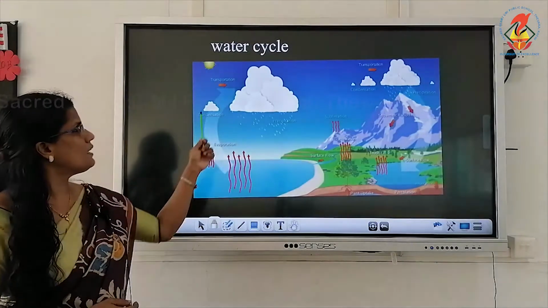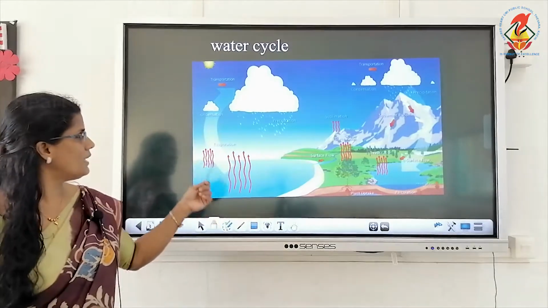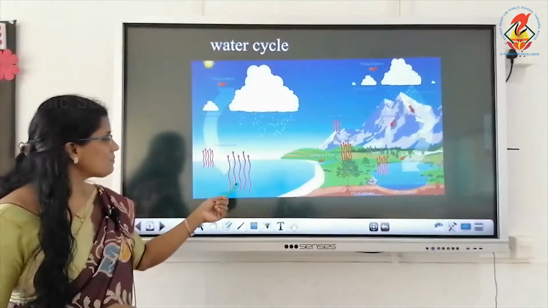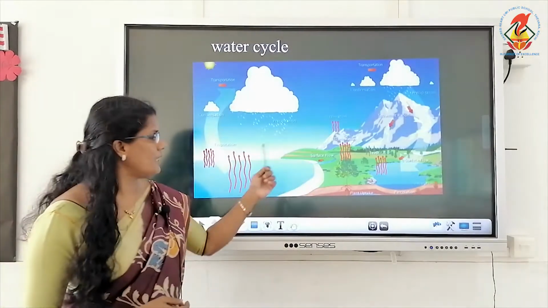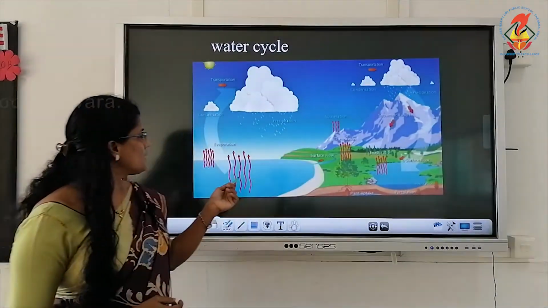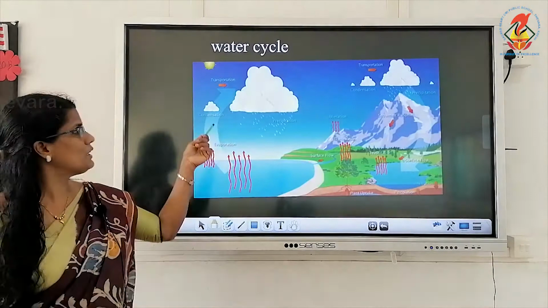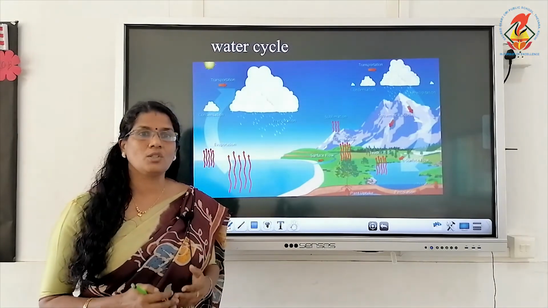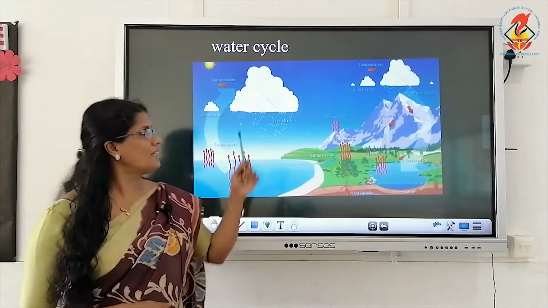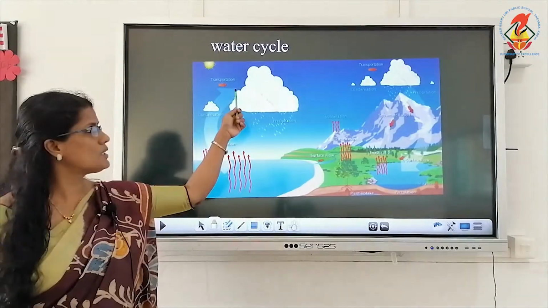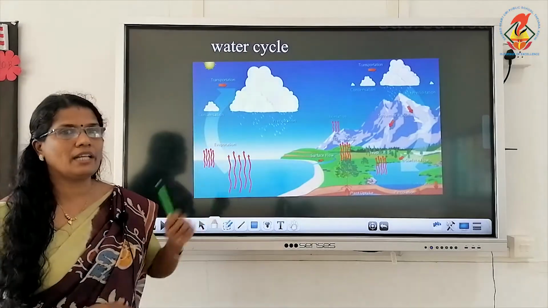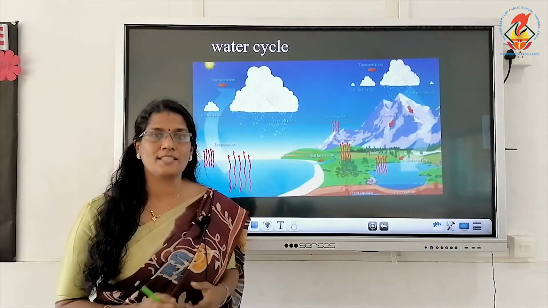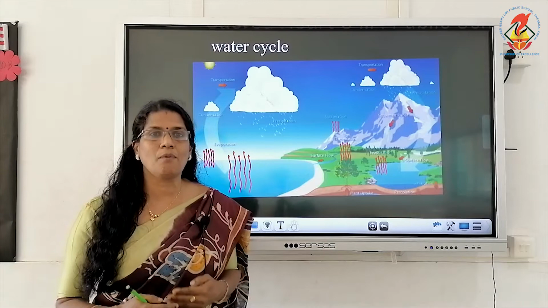When you look at this picture, you can see that due to the sun's heat, the water from land and water bodies gets evaporated. Evaporation occurs and it cools down in the atmosphere. That is known as condensation. This condensed water forms clouds and from there it comes down again as rain, sleet or snow. That is known as precipitation. So this keeps on happening.